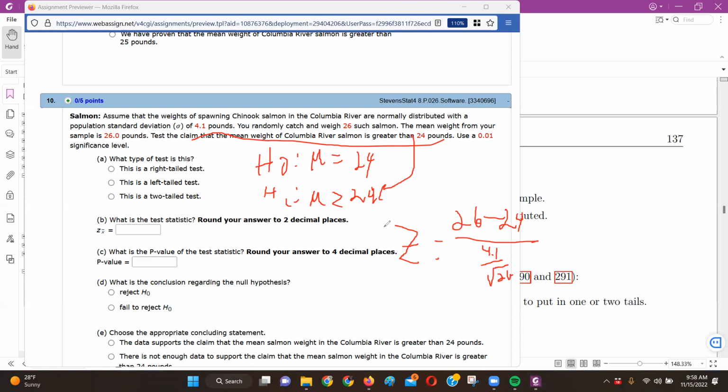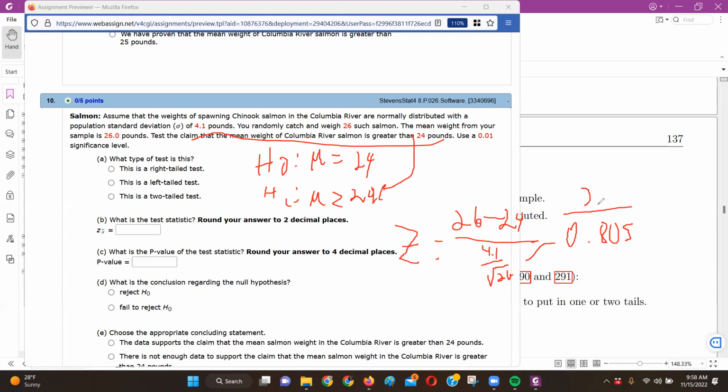4.1 divided by the square root of 26. Oh, I messed up. I'm getting 0.08. All right, let me try to write this. The denominator becomes 0.805, something like that.